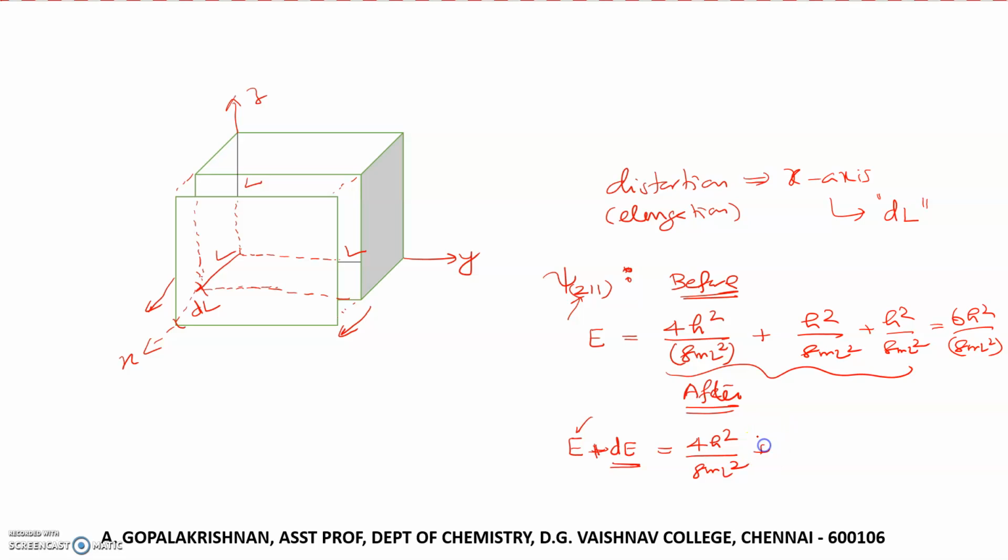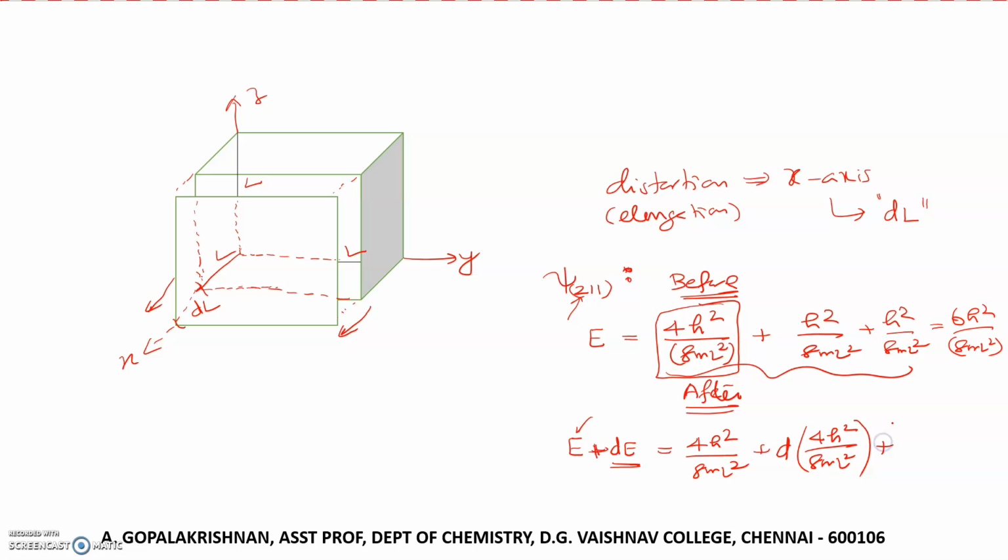Here we have distorted the geometry along x-axis. So the x component of energy should change. To find the change in energy in the x component, we have to differentiate this energy value 4h square by 8 ml square.